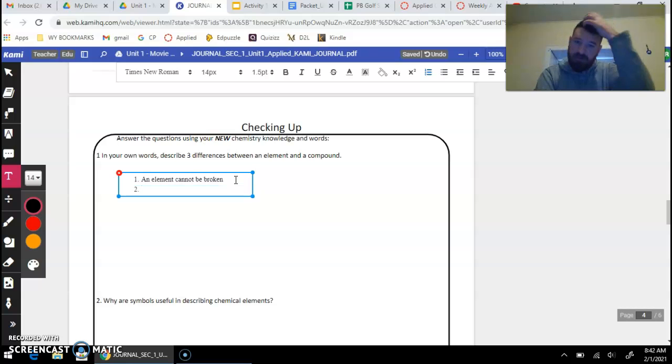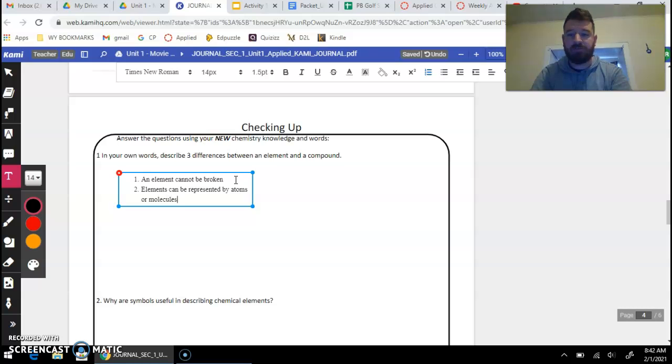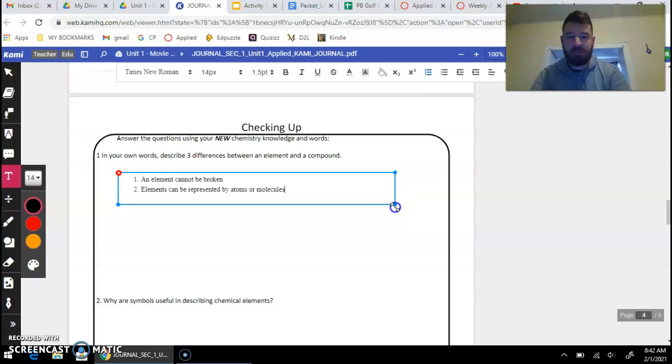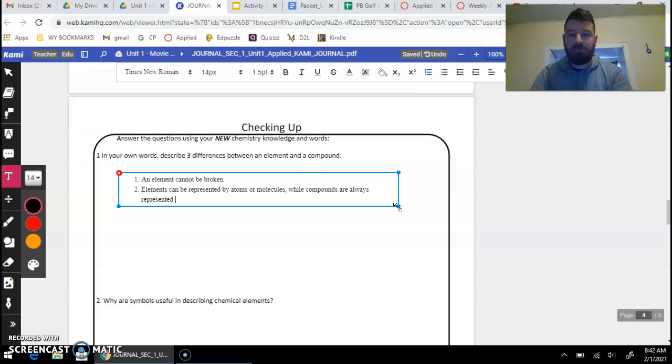Another difference here, we have elements can be represented by either atoms or molecules, while compounds are always represented by molecules.